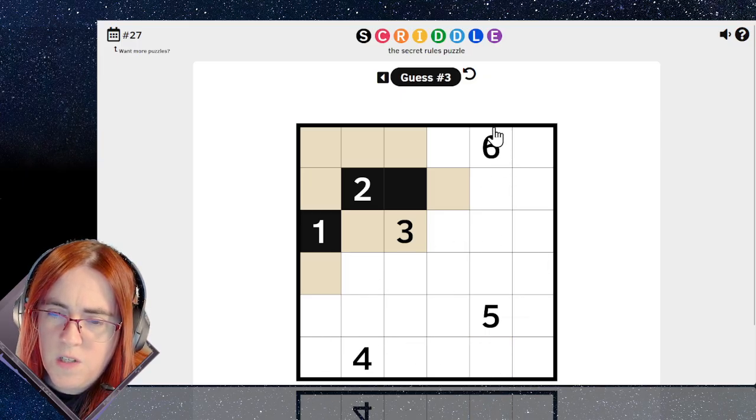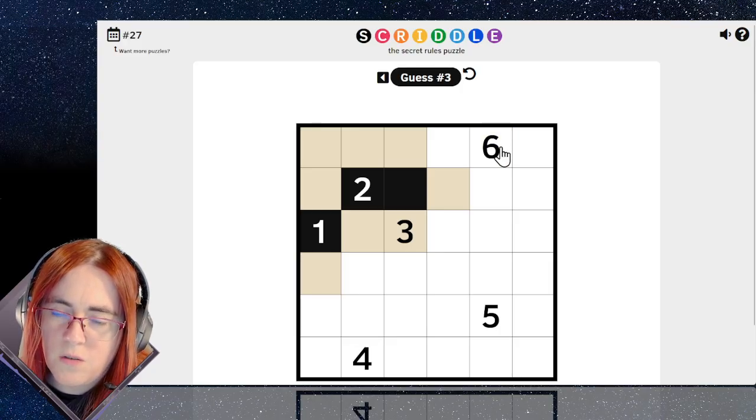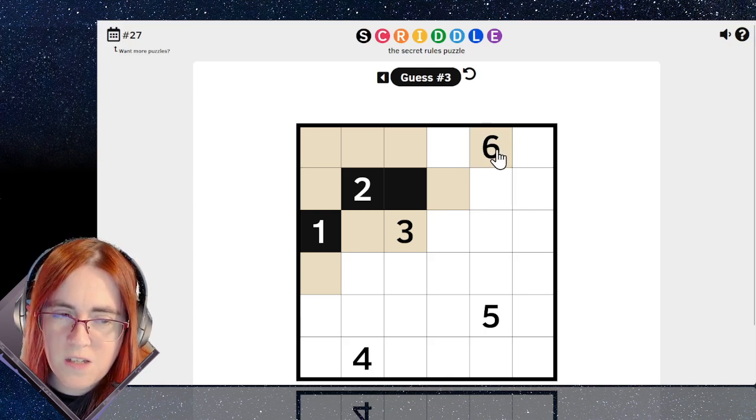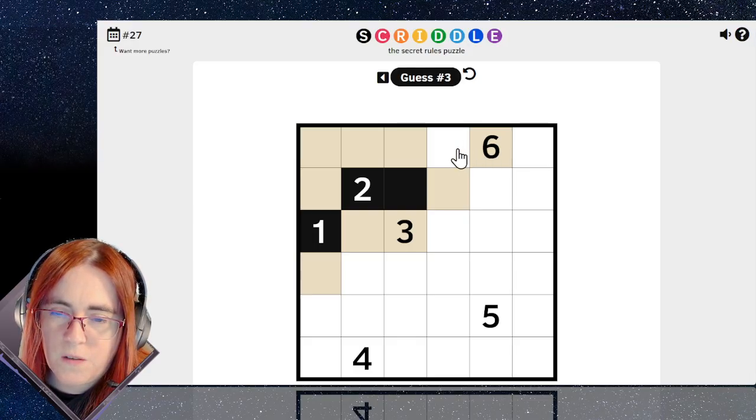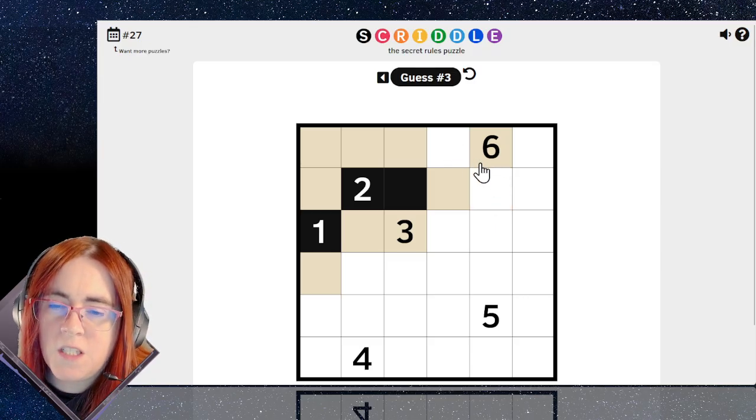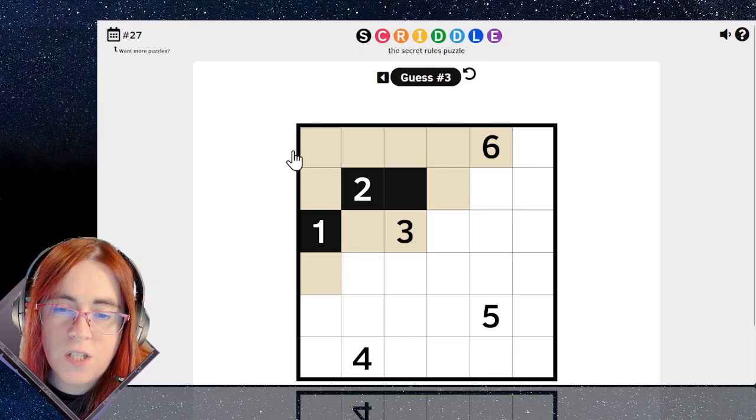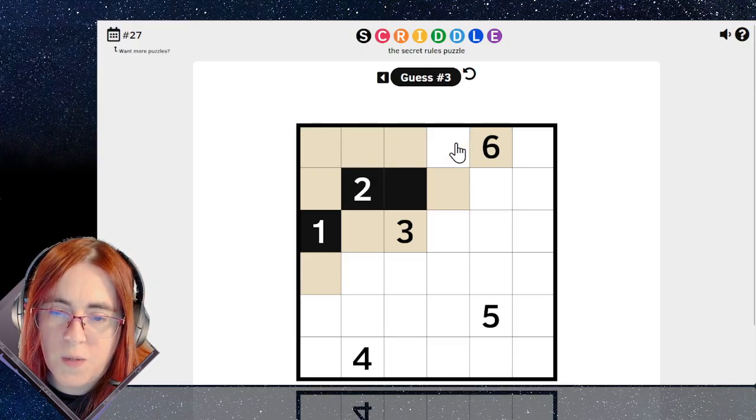So we reasoned before that if the 6 is unshaded, so begin your chain of hypothesizing, we said we can't unshade that one because that makes the 6 area too big.